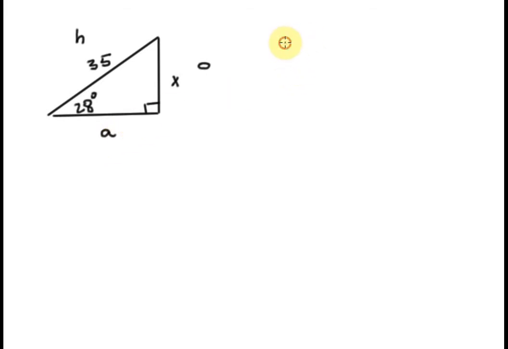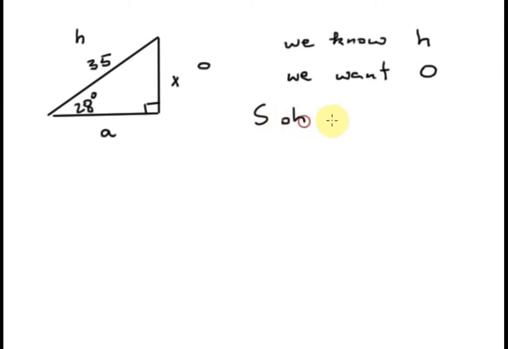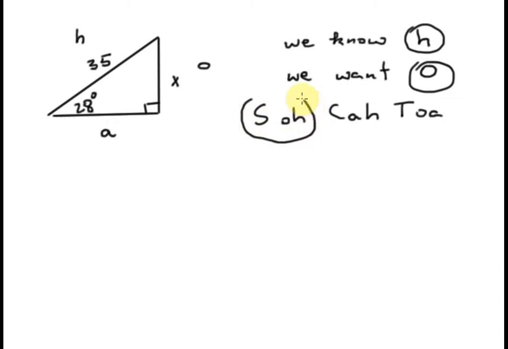Now, here's the thing. We know the length of the hypotenuse, and we want the length of the opposite. So if you think of SOHCAHTOA, if we write it all out, you have to look for which trig ratio uses both the H and the O. And that's going to tell you to use sine.